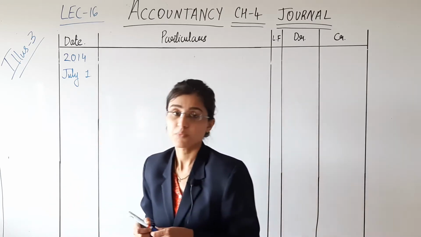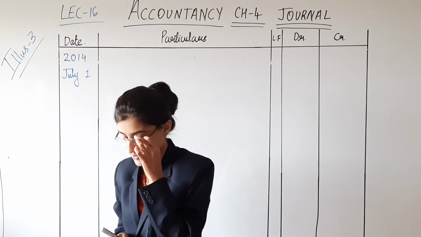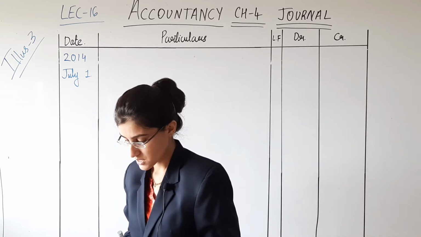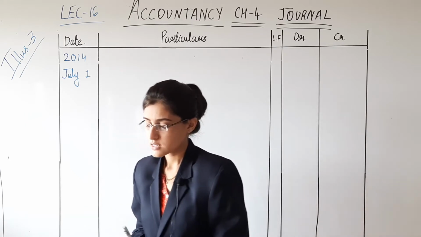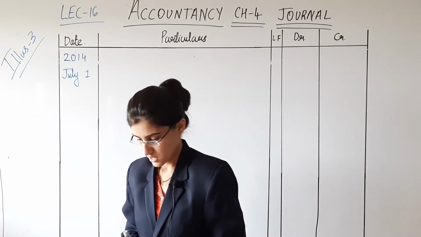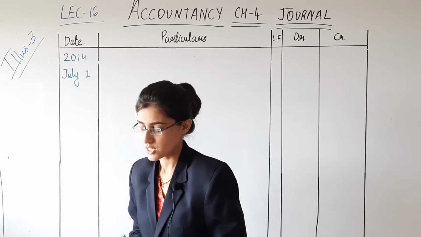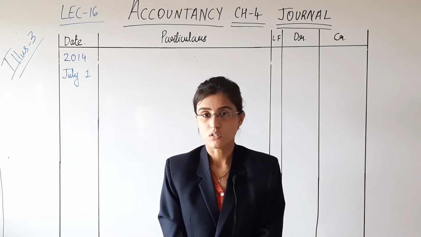Okay, and I am reading the question. Introduced capital of rupees 50,000 and commenced business. Sorry, I forgot to read the heading. Ajay has commenced his business with the name Awadh Enterprise. Write journal entries from transactions of July 2014.